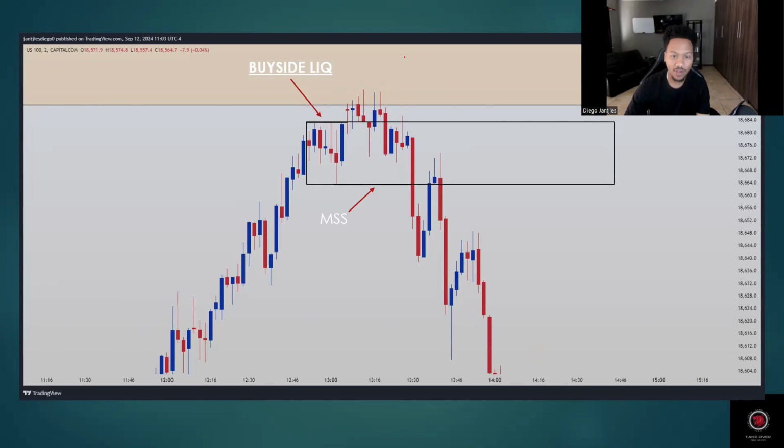Now, one thing you can find yourself doing as well is basically just grab out that FIB from the high to the low, right over there. And all you want to see price do is what? Come from that discounted area into a premium area for a potential shift back down, right? So your midpoint will basically be somewhere over there, right?